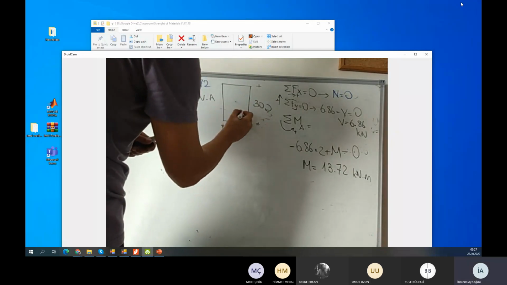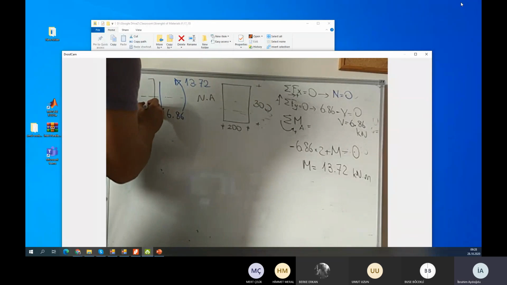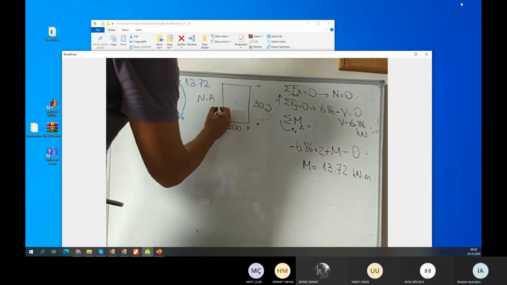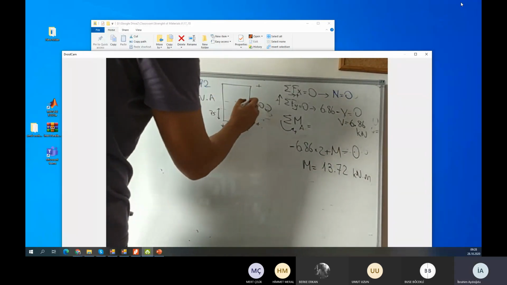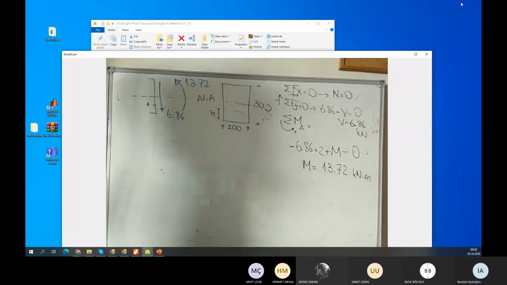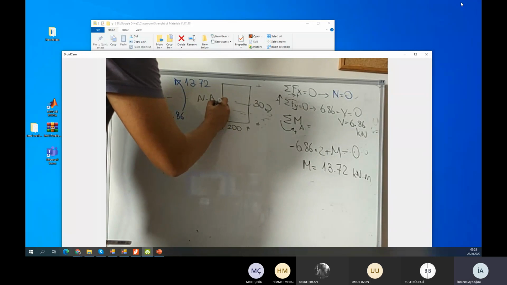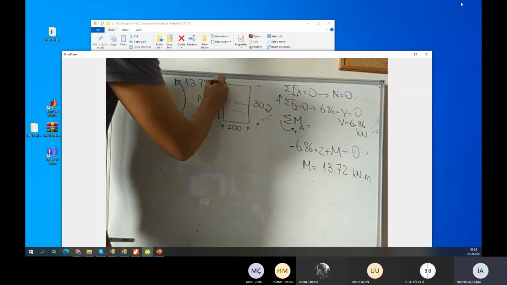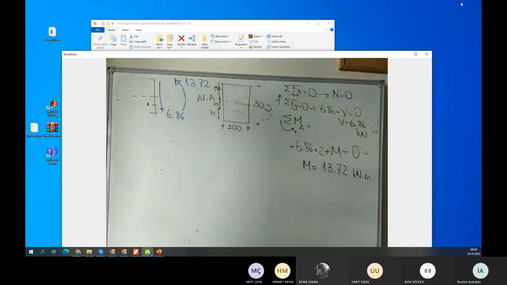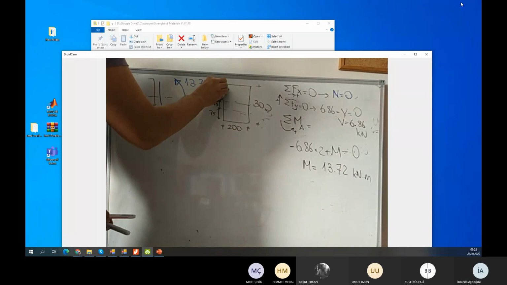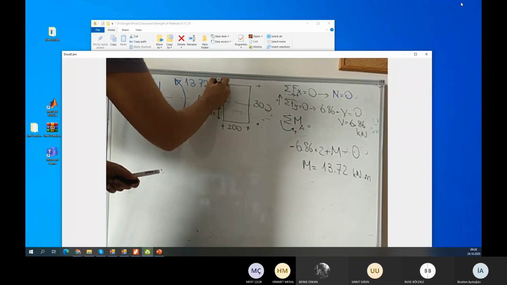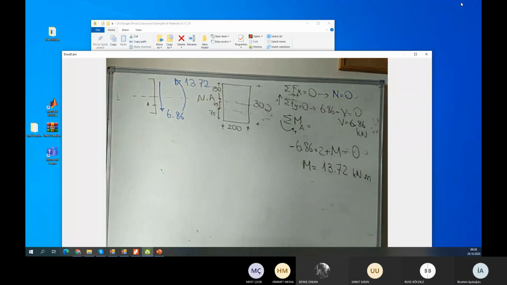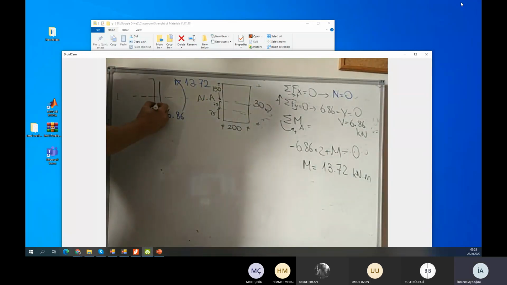And location of A is 75 above the bottom, so the bottom of the neutral axis. So this value is also 75, and this one is 150. Can you read the values? Maybe you cannot read 150, but you can compute. It is not complicated. 150. So I found the location of A.